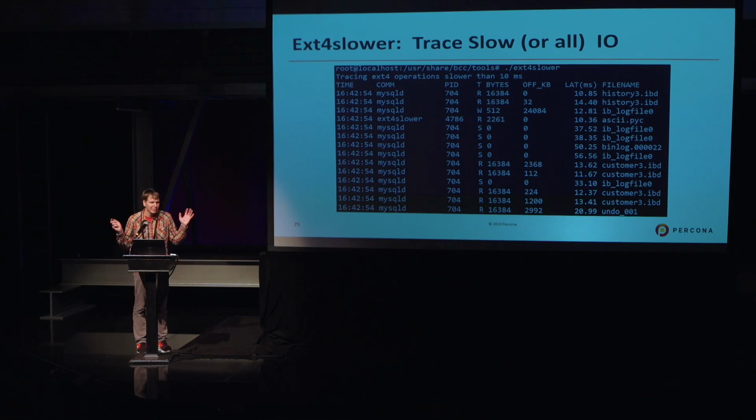Of course, I can configure that to wherever, and I can see what operations, by what process, to what files took more time than I expected. Again, that can be very helpful to understand why performance is not what you expect.